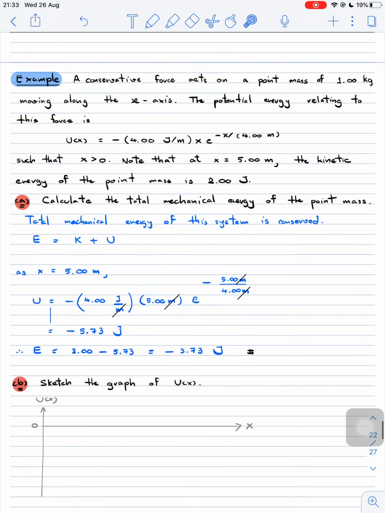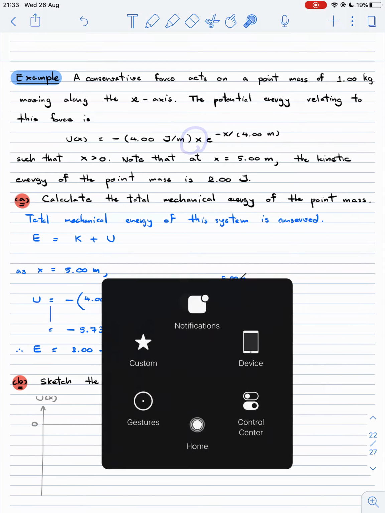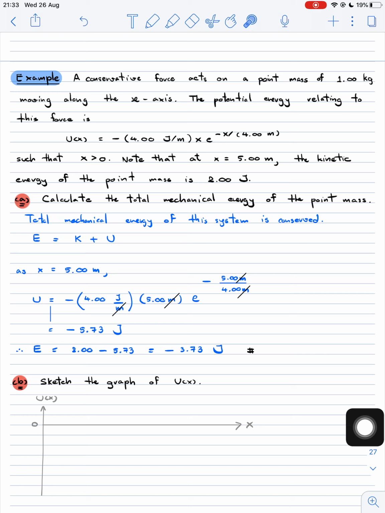If you don't know how to work on this one, let's try to plug in a number. For example, maybe you can plug in x equal to 5. Oh wait, maybe 4. So when x equals 4, this equals 4, and this one equals e to the negative 1.